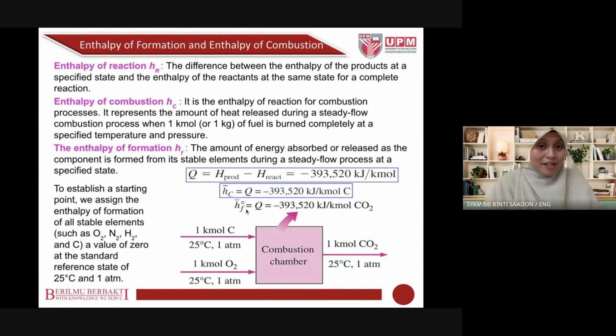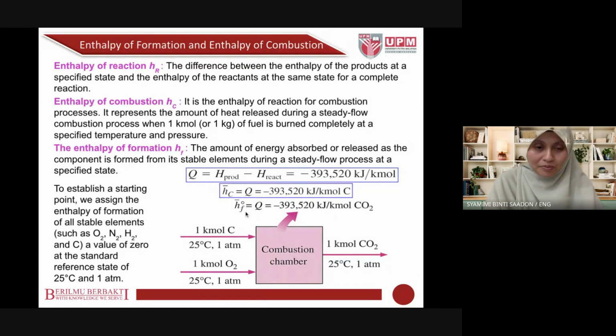So the energy balance is the same. It's just that the energy is written per kilomole instead of per kilogram as previously. So to use the unit kilomole, normally there is a bar on top of the physical property H, enthalpy.